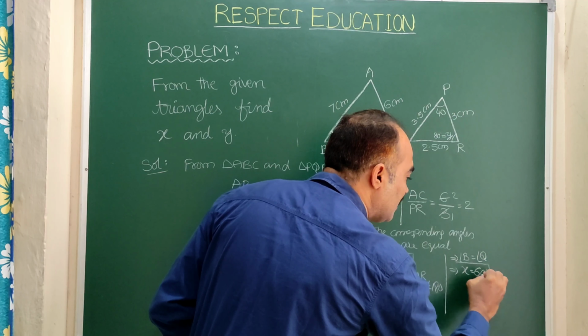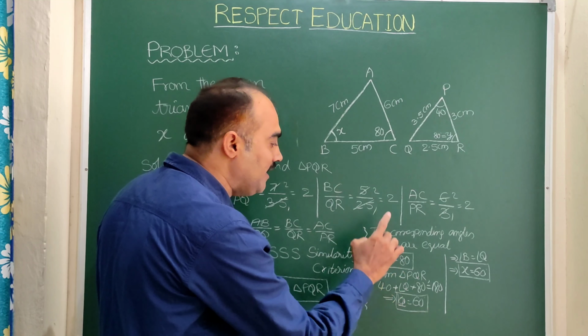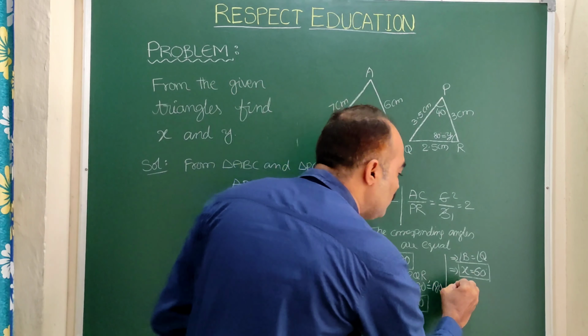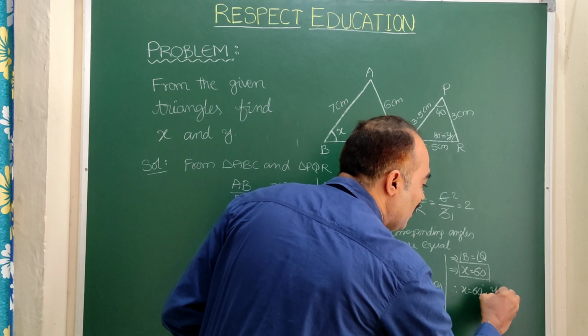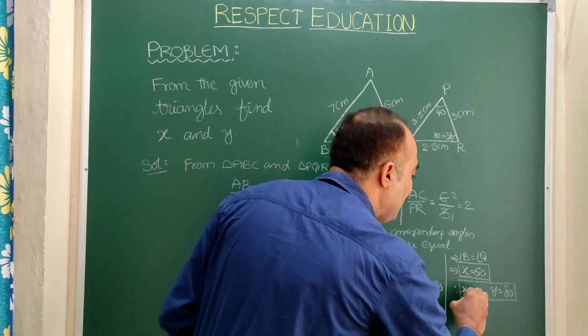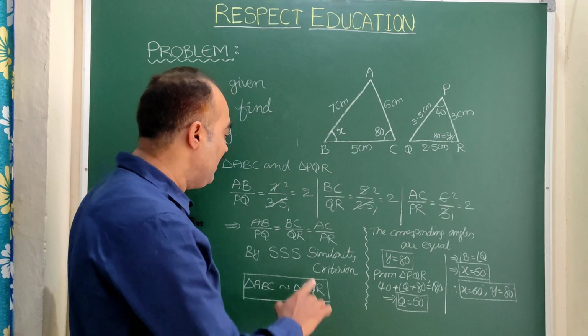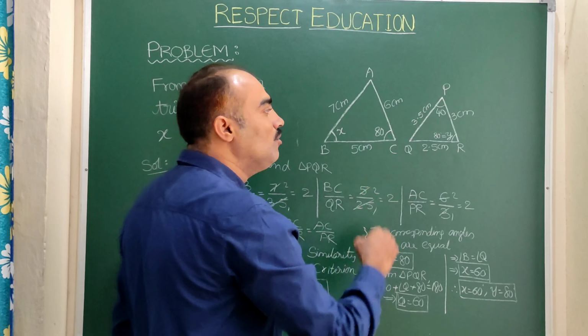So finally we got x equal to 60 degrees and y equal to 80 degrees. Let us conclude the values. Therefore x equal to 60 degrees, y equal to 80 degrees. In this way we can apply SSS similarity criterion in solving problems.